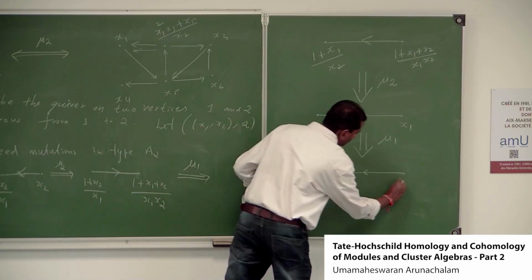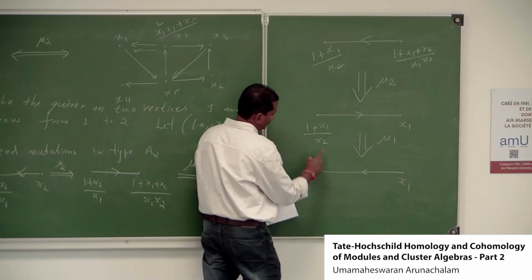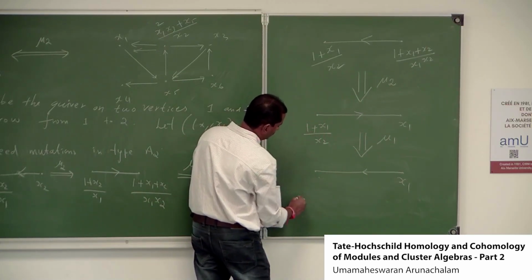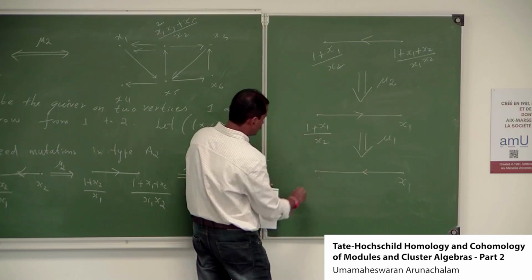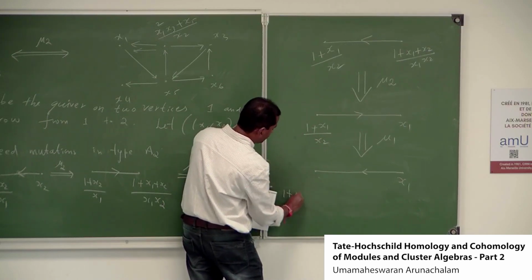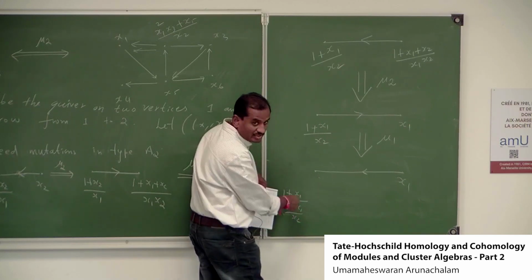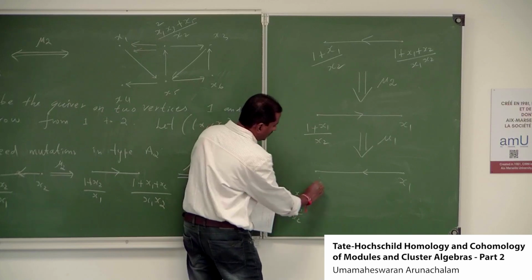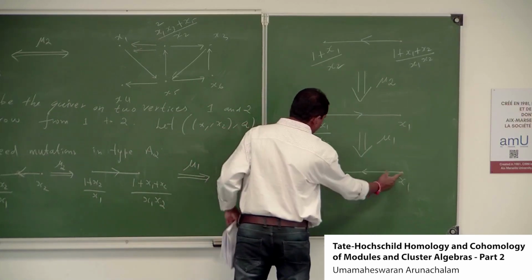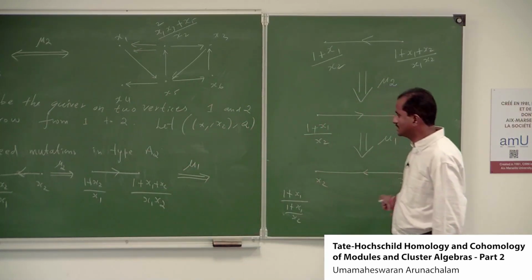This place is x1. You have to keep it the same. For here you have to find (1 plus x2) divided by x1. Our x2 is x1. 1 plus x2, for x2 equal to x1, divided by (1 plus x1) divided by x2. You have to cancel your 1 plus x1. We will get x2. So you can see we are getting the same arrow.